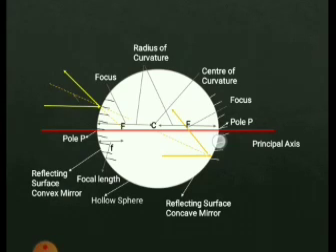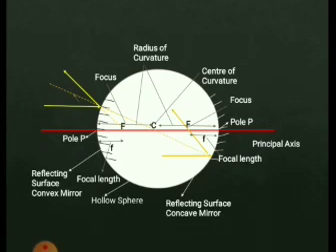The distance between pole and focus is the focal length, indicated by small f. So this distance is the focal length for the convex mirror, and this distance is the focal length for the concave mirror. I hope you have understood the concept.